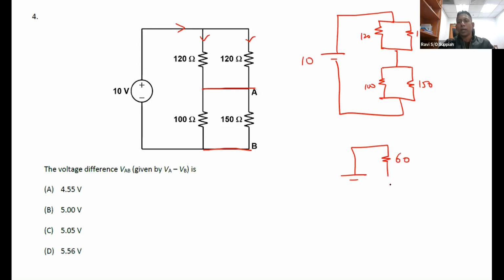These two in parallel together would give me 60 also. Which means that the voltage at this point here is 5 volts. So that's the answer over here, 5 volts. The main thing is, as long as you can see that these two are parallel and these two are parallel, then you will be able to get the correct answer here.